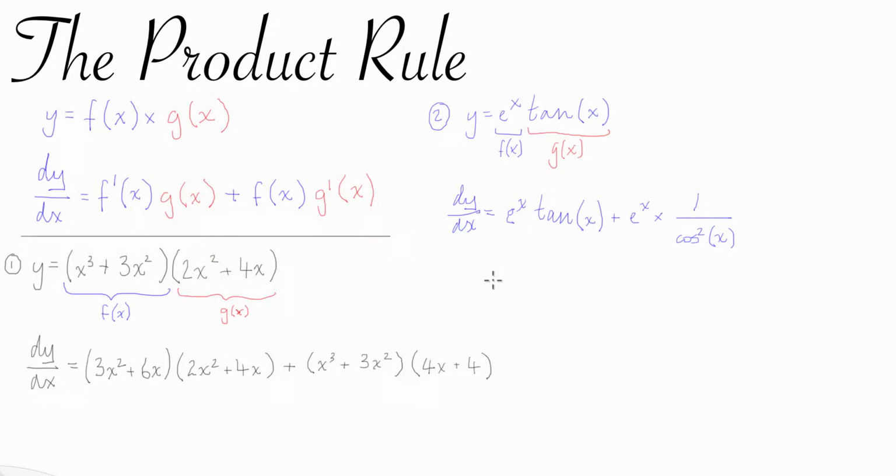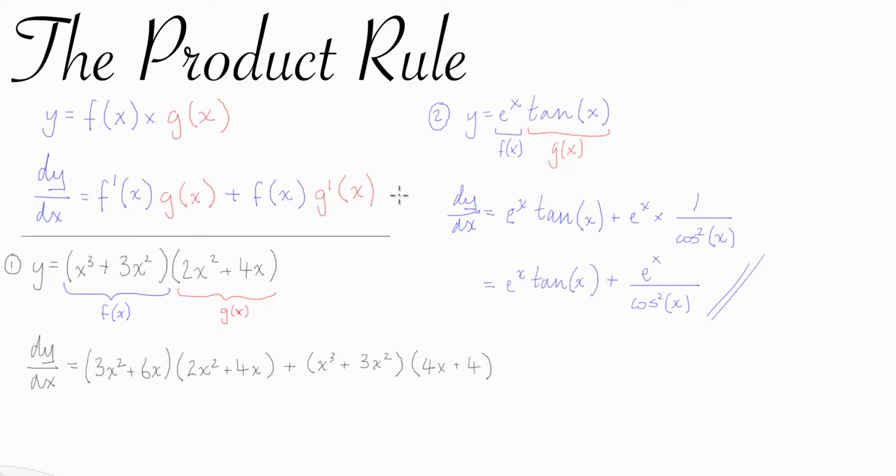And we can clean this up a little bit to e to the x tan of x plus e to the x divided by cos squared of x.